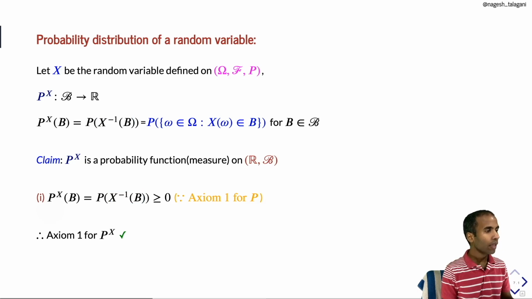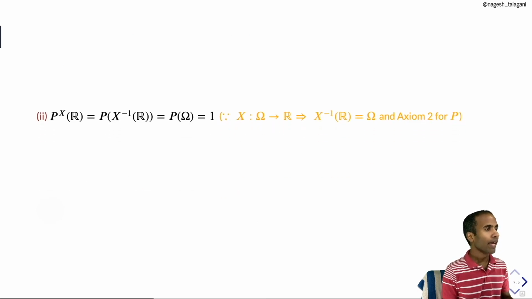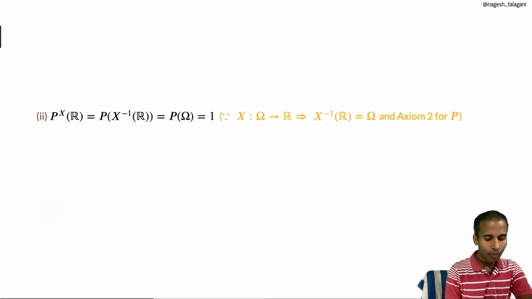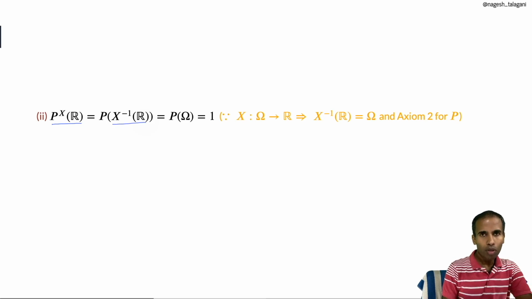Fine. Next, let's verify axiom 2. Next, Px of R. So we want to show that Px of the whole space R must be 1. According to the definition, Px of R is going to be the probability of X inverse R. Now, the inverse image of all of R is going to be the whole domain, which is omega.